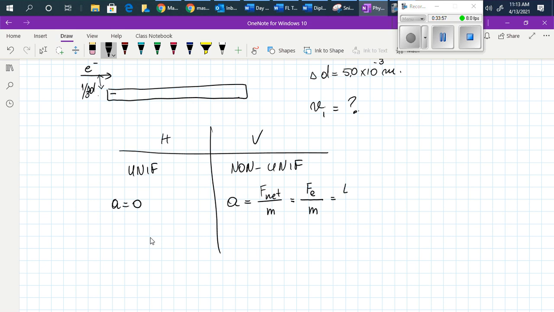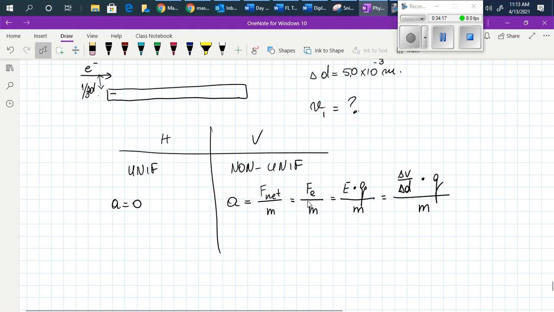Now, force net is E times Q, the electric field strength between the parallel plates, times Q over mass. Since we are dealing with parallel plates, then we have delta V over delta d times Q over mass. And then we stop here and say, do we know everything?